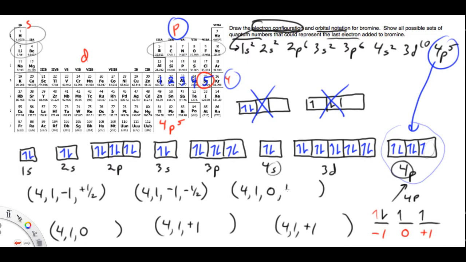So then this will be +½ and -½ since they both go on the 0 orbital. And again, +½ and -½. So those are the 6 sets of quantum numbers that are represented by the 4p. Since all those electrons are equal energy, any of those sets of numbers could represent the last electron to go in.